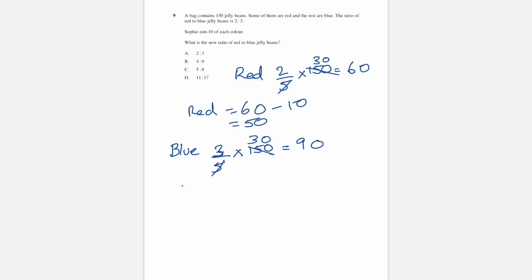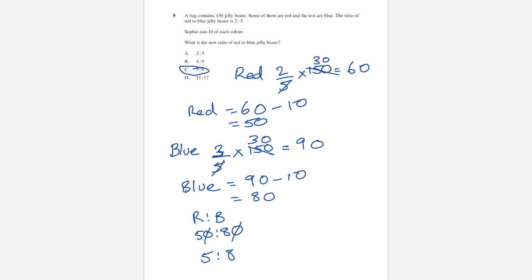And then the new number for blue is going to be 90, take away 10, which is equal to 80. So then our new ratio of red to blue is going to be 50 to 80. And we can simplify that by dividing by 10 on both sides. And we have 5 is to 8 is our final answer. And that's C.